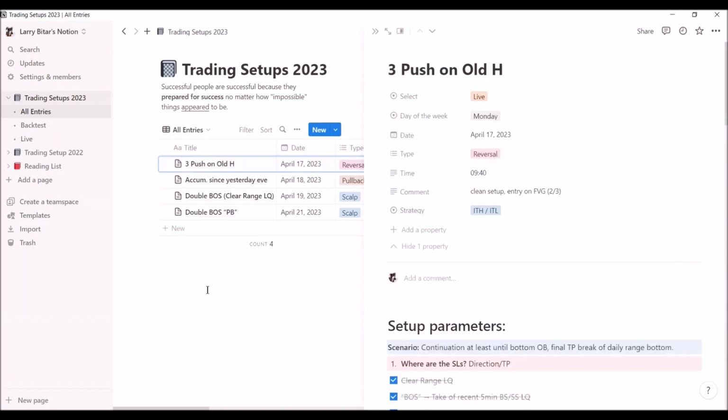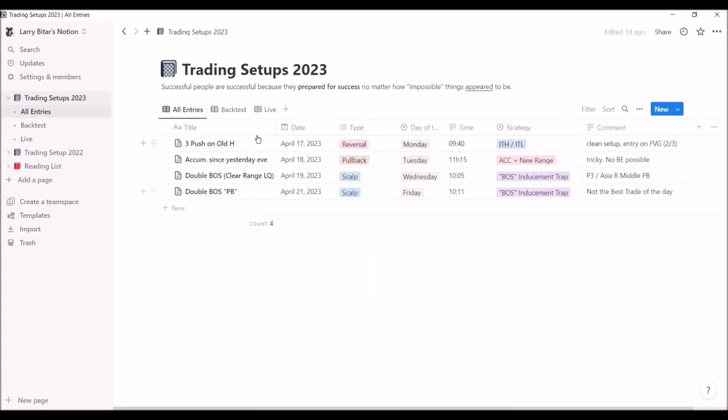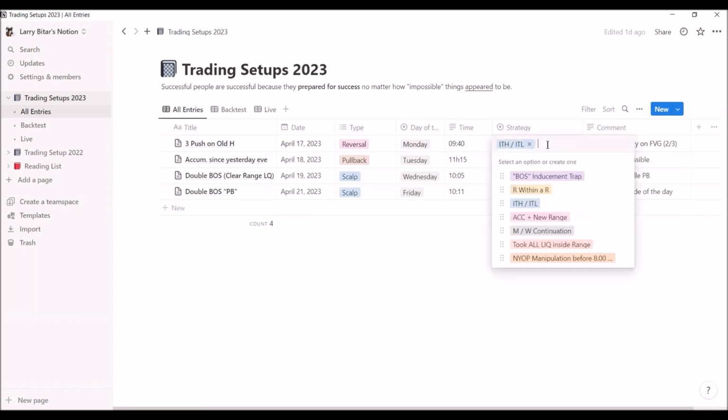I decided to make a weekly review because, as you can see, we have a strategy column.